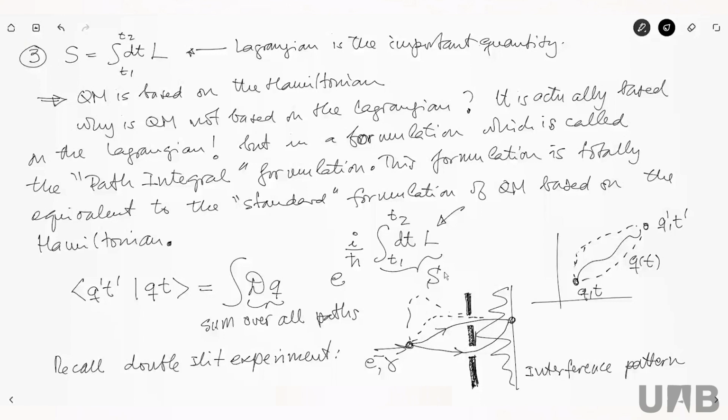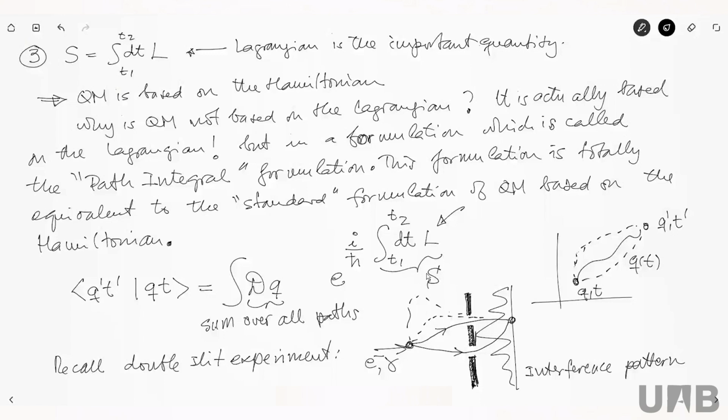If we expand the action around this stationary point, the fluctuations will have h bar in the denominator. But if the fluctuations are much larger, here we have an imaginary exponential. That means a trigonometric function, and those fluctuations will average to 0.